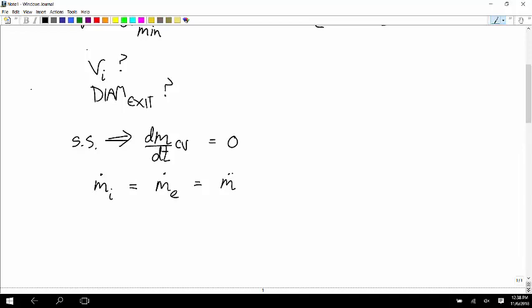We're given what that is, right? That's equal to 6 kilograms per minute, so divide by 60 and you get 0.1 kilograms per second.